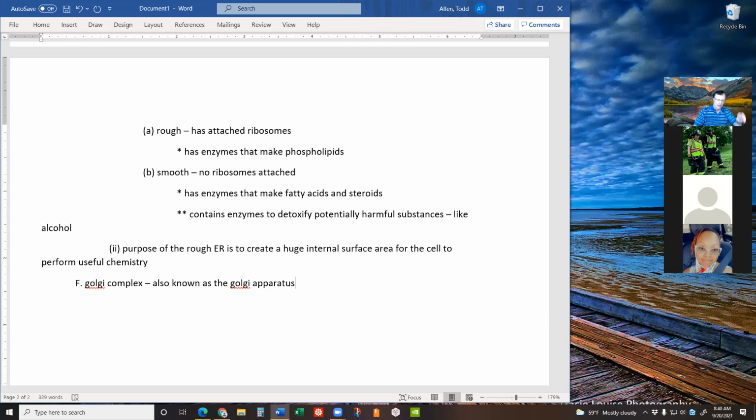It also is sort of a network of back and forth membranes that form this membrane structure. And what the heck is it? Well, it is an organelle that, if I were to apply a single analogy, acts in a similar manner to your post office. This is the post office of the cell that you're looking at on page 85.